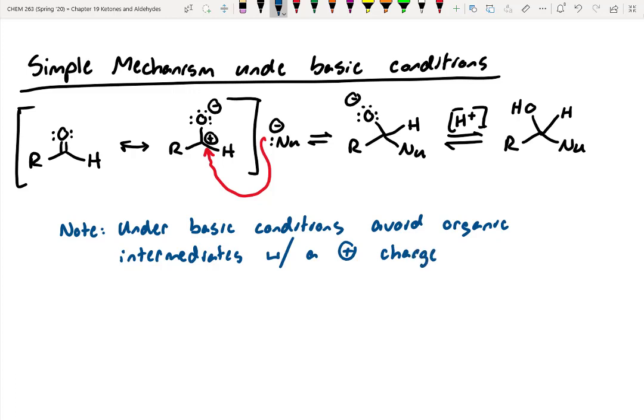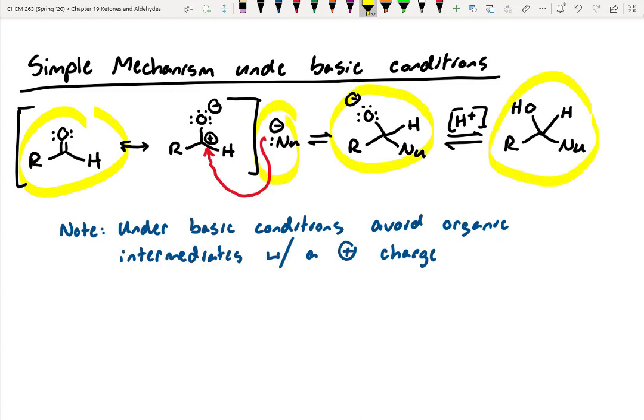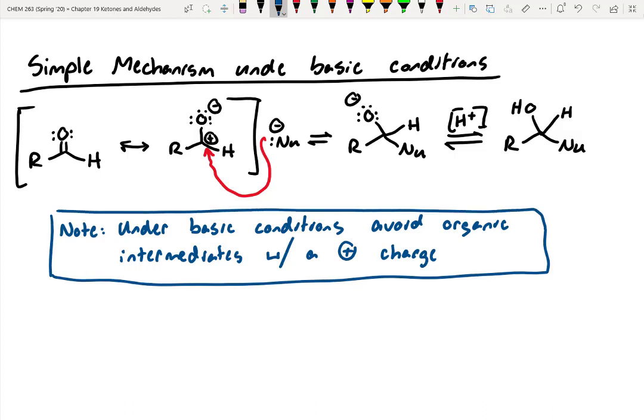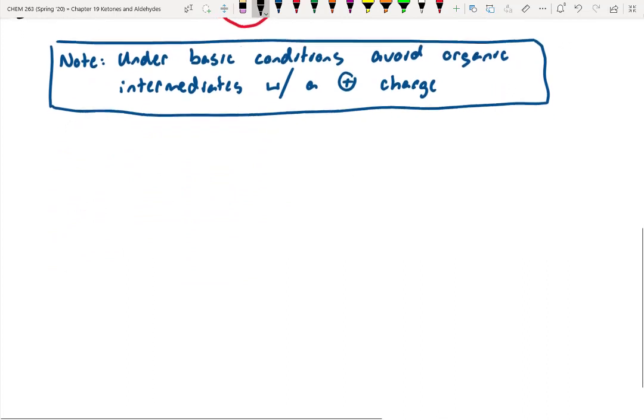So if you go through and you look at all of these, this has no net positive charge, this has no net positive charge, no net positive charge, and no net positive charge. It is okay to have other reagents with a positive charge, but our main organic reagents, you don't want to have a net positive charge. All right, so that's an important trick whenever you're doing organic mechanisms. Let's take a look at this mechanism under acidic conditions.